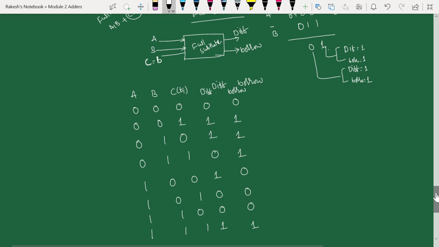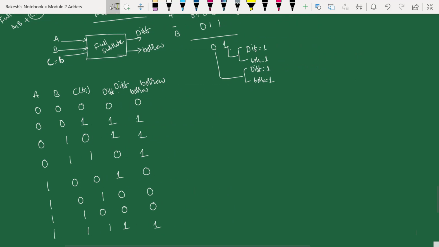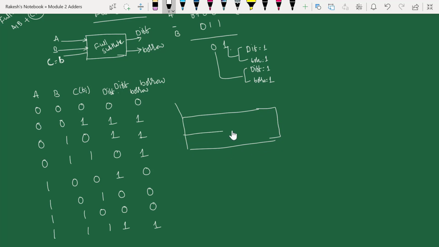Now I am going to write the K-map for difference and borrow. Since it's a 3 variable K-map, I have to consider 8 cells for difference and borrow. So I'm going to construct one for difference, and next one for the borrow operation.